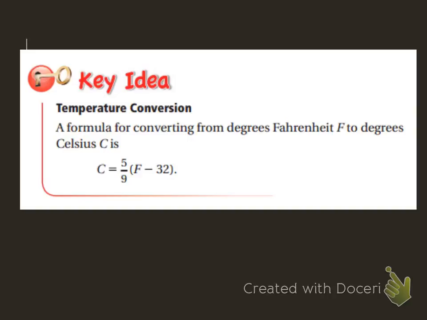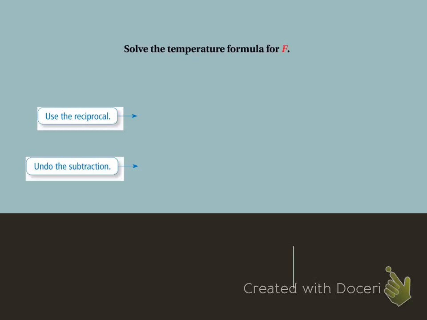The formula for converting from Fahrenheit to Celsius is C equals 5/9 times the quantity F minus 32. So now what we're going to look at is solving the temperature formula for F. So we're going to start off with our equation, which is Celsius equals 5/9 times F minus 32.